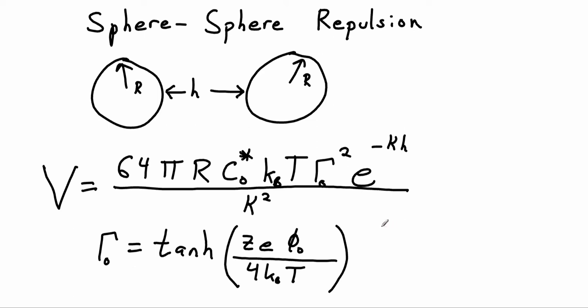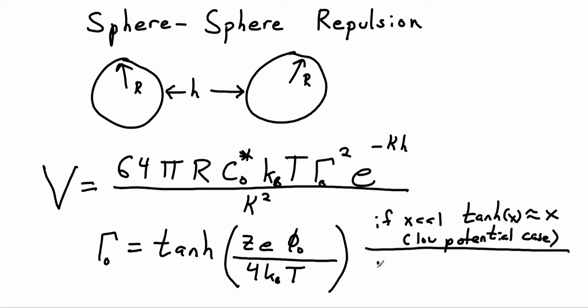So if x is small, we'll say much, much less than 1, then the hyperbolic tangent of x is approximately equal to x. In this case, that would mean that the fraction here is much less than 1, which would mean the potential is small relative to the thermal energy. We'll call this the low potential case.